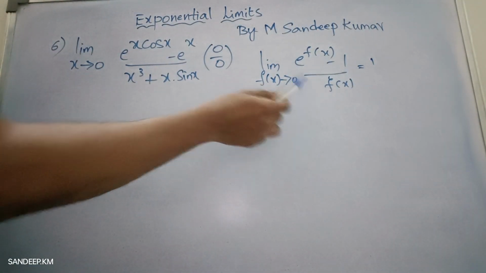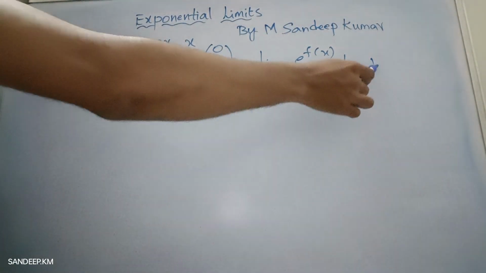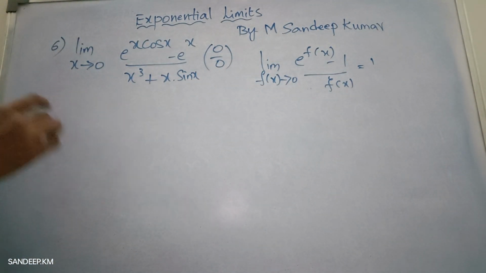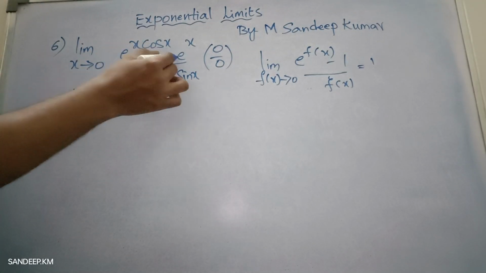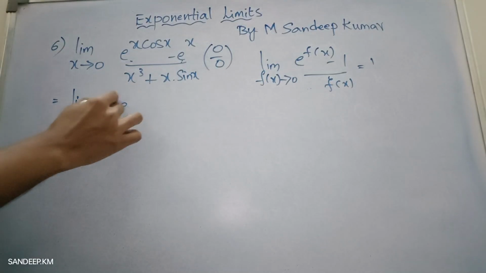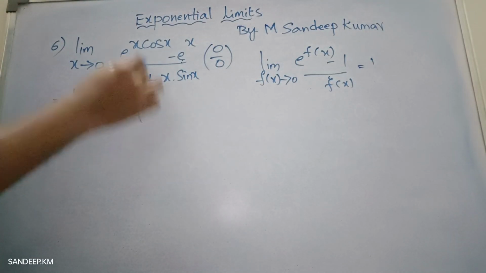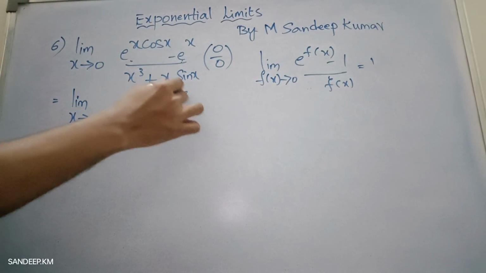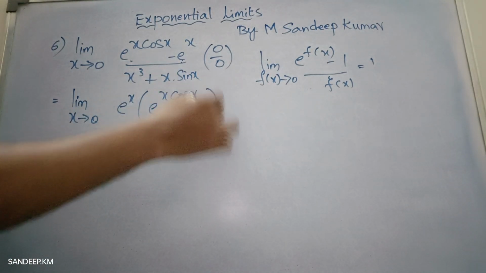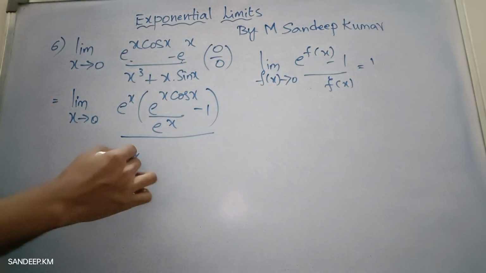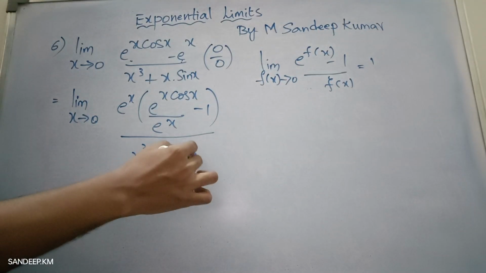So if I convert the question into this form, I can take 1 there. For that reason, what I'll do is limit x approaches 0. I'll take e power x common here and here. If I take e power x common, you'll get e power x cos x divided by e power x. Okay, now minus 1 whole divided by x cube plus x into sin x.